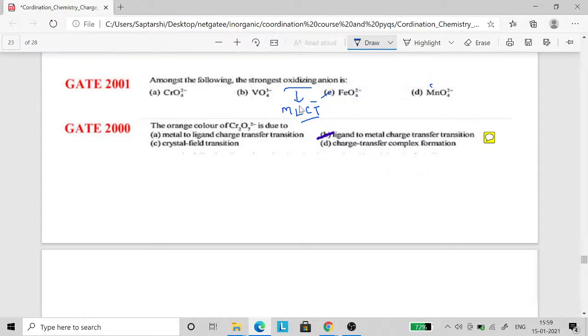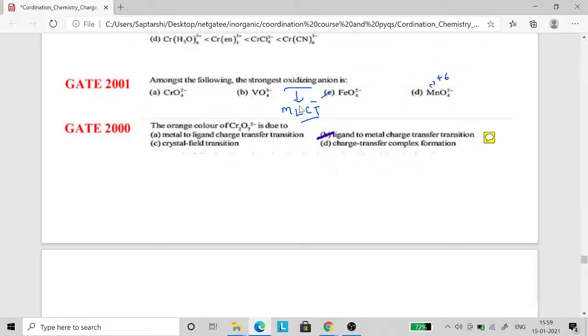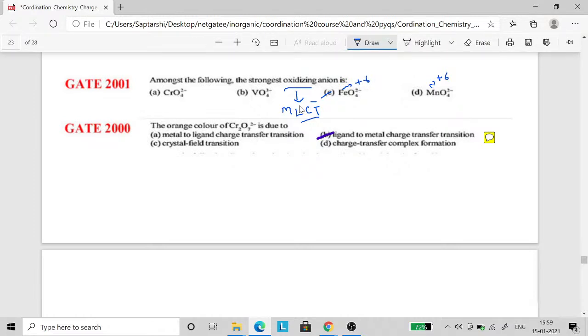the charge of the metals. So over here MnO4 2 minus, this 2 minus is minus 8, so this will have your plus 6 charge. Fe will also have plus 6 charge.